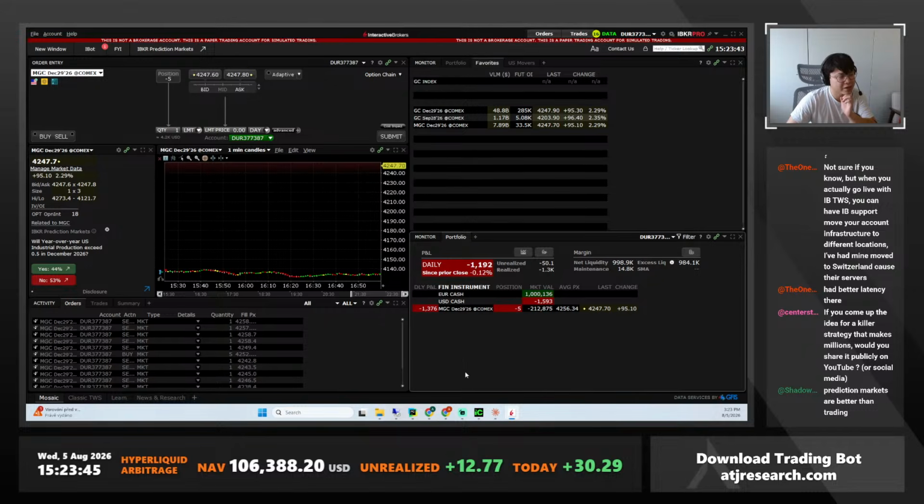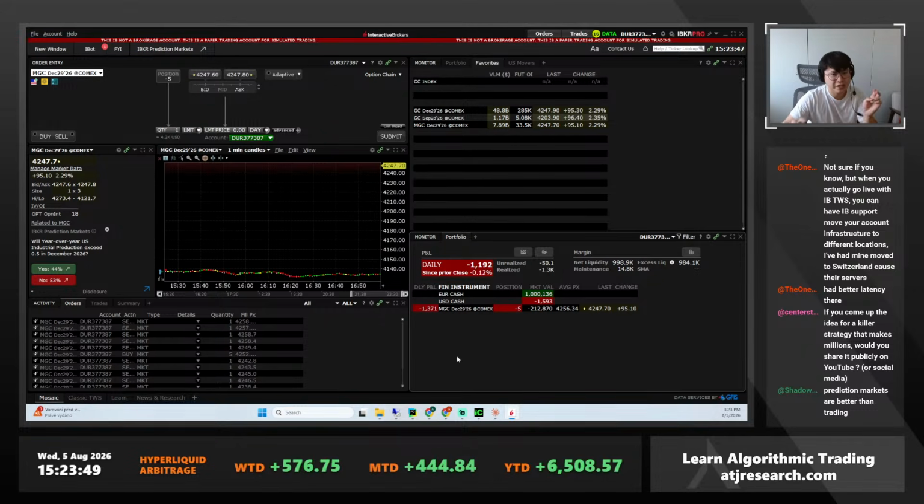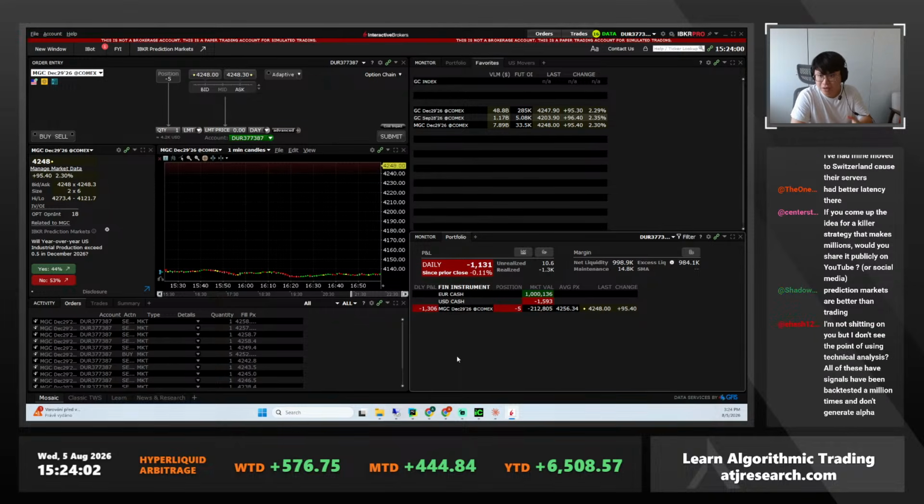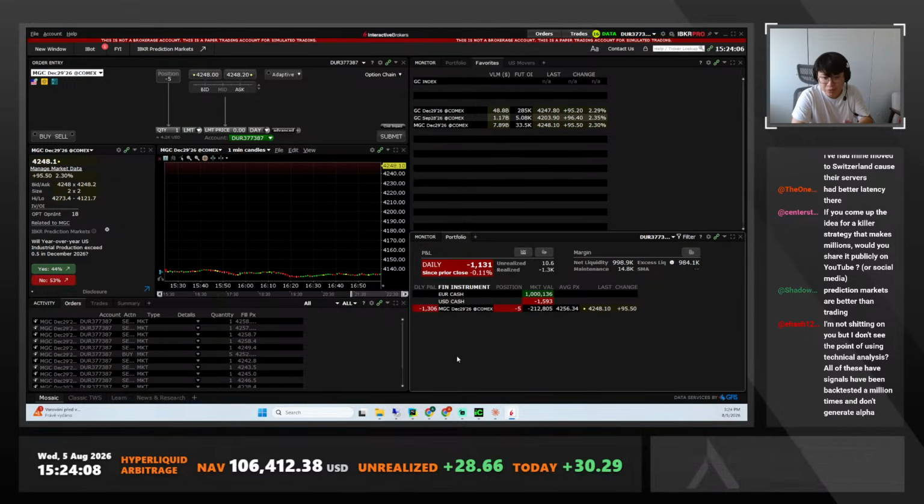For example, if I'm in the US, I would be connected to some US TWS server. If that's not the case, then I definitely need to contact Interactive Brokers, because that's very important to me. Ideally, I want to be placed close to Chicago because that's where the CME exchange is located, and there I would also have the lowest latency.